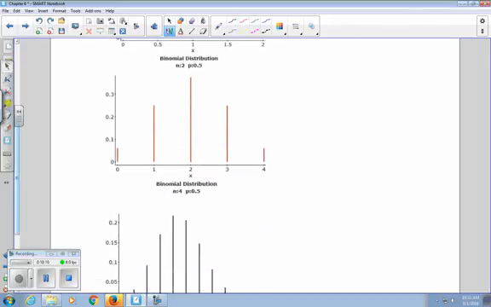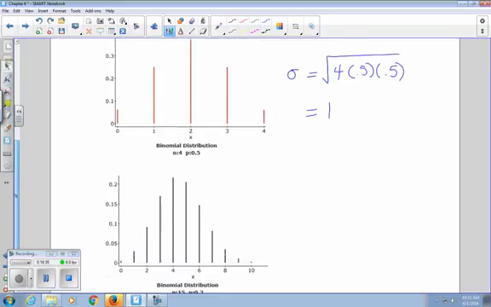How about the next one? Same formula. Sigma is equal to the square root of n times p times 1 minus p, which would be 0.5, which is equal to 1.